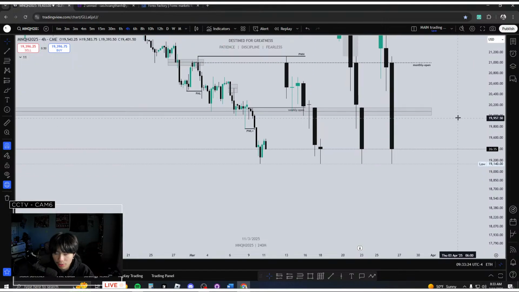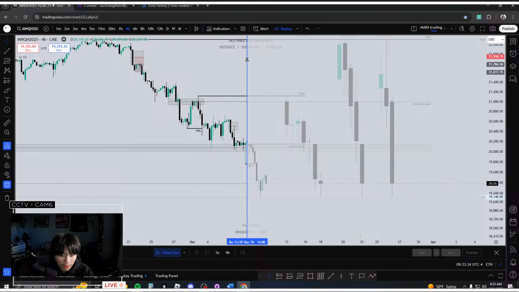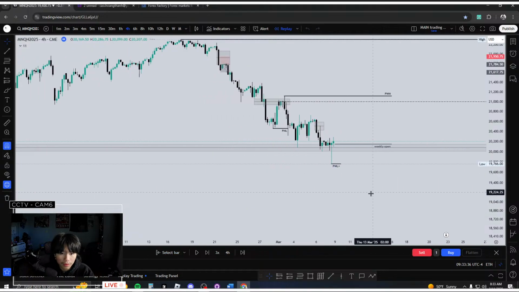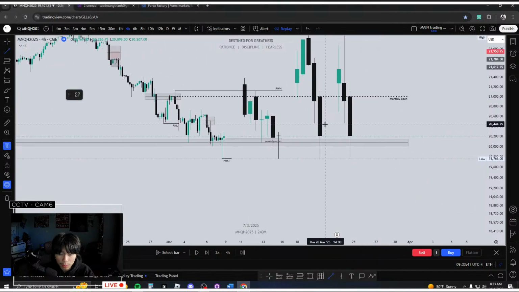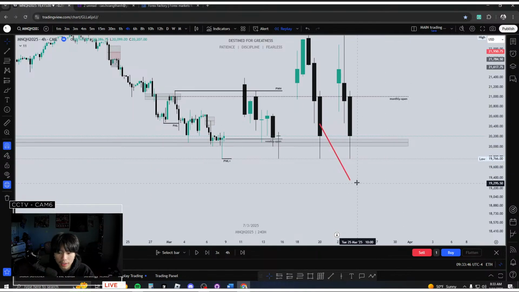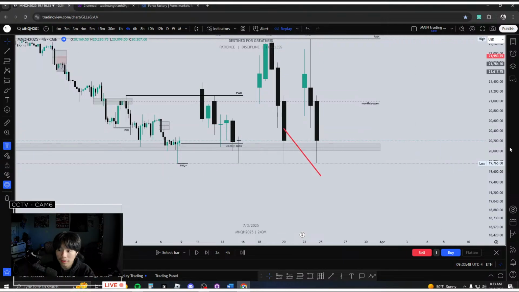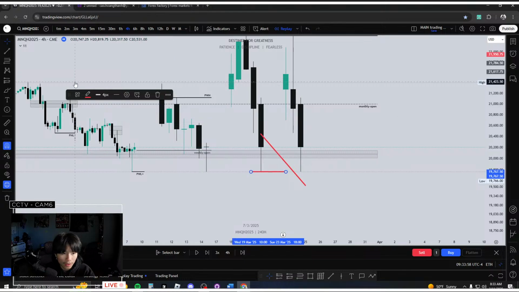I didn't actually do a weekly market outlook coming into this week because I was away from home, but based on how we closed on the weekly candle last week, my assumption was that this weekly low would be the objective.